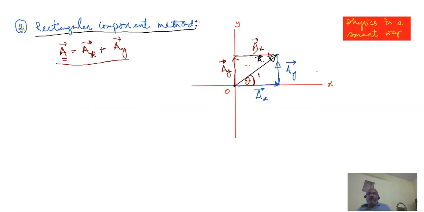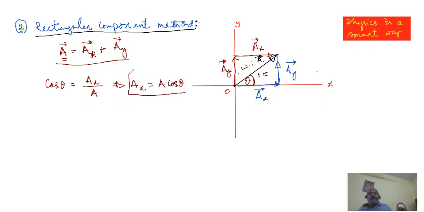If this angle is theta, then this angle also will be theta, or this angle will be alpha, which is 90 minus theta. Any triangle you consider, either this triangle or this triangle. If I consider this triangle, I consider cos theta. Cos theta equals AX by A, base by hypotenuse. So that gives us AX magnitude equal to A cos theta.